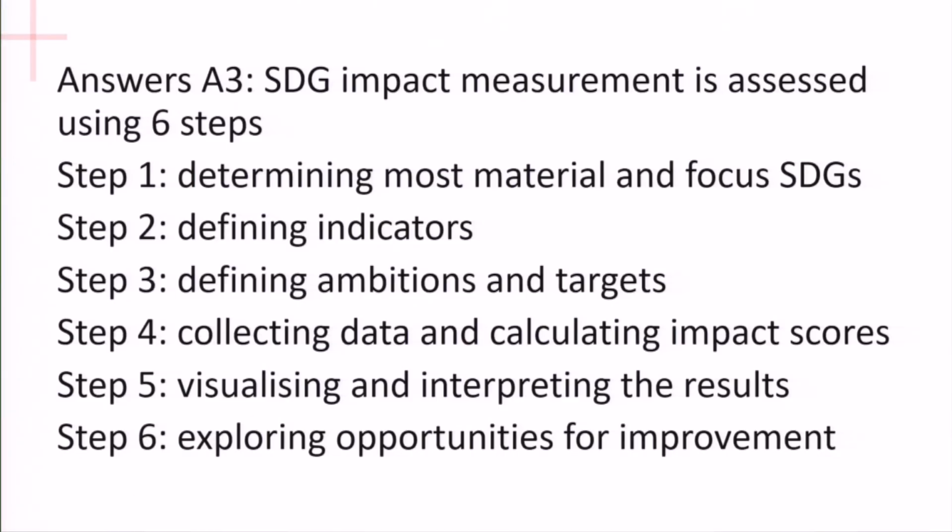Question 3, how is SDG impact measured? There are 6 ways by which we can measure the impact of SDGs. 1, determining the most material and focused SDGs. 2, defining the indicators extensively. 3, defining the ambitions that we want in the SDGs and the targets. 4, collecting data and calculating the impact score. 5, visualizing and interpreting what we get for each of the indicators.